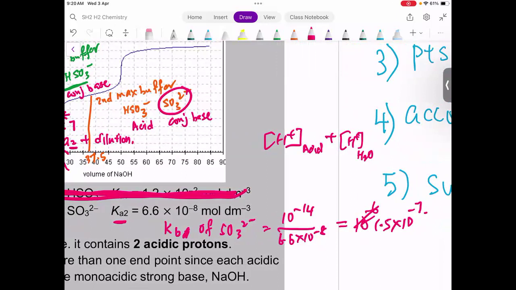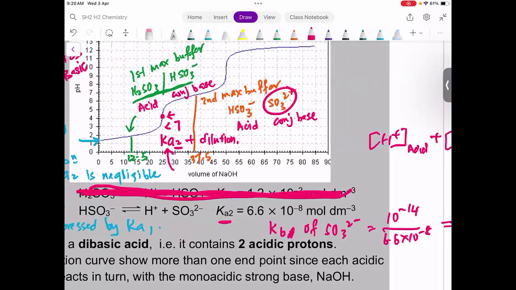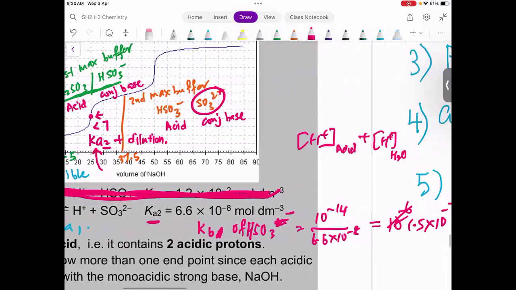I understand where you're coming from. But according to this graph, the acidic part is coming from Ka2. Sebastian is quick to see the Kb of sulfide, but no. At this point, there's only hydrogen sulfide. So we should be talking about this, because at the first equivalence point, you only have this. So how do I calculate the Kb value of this?